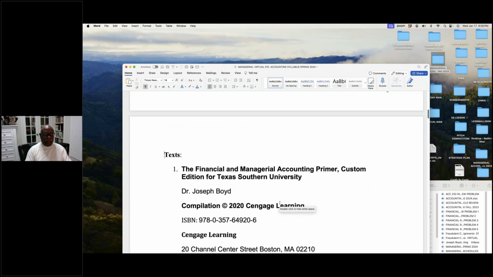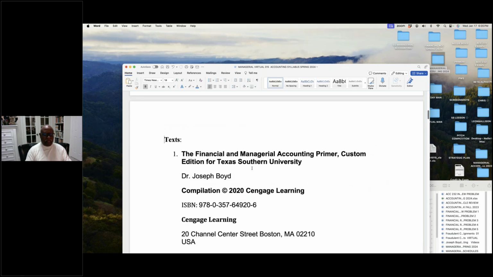We typically use this text, so this is what you need to purchase, the Financial Manager Accounting Primer, which consists of my notes. I always like to indicate I don't get paid, but I want you to have my notes so that you'll have an organized set of notes, and then you look at that information, highlight, etc. The notes are organized for you.